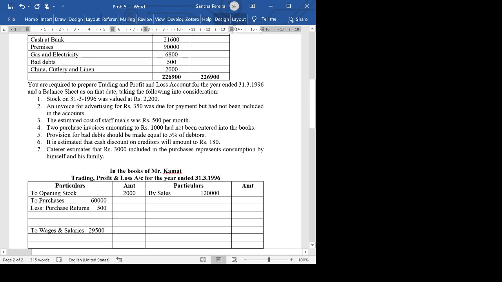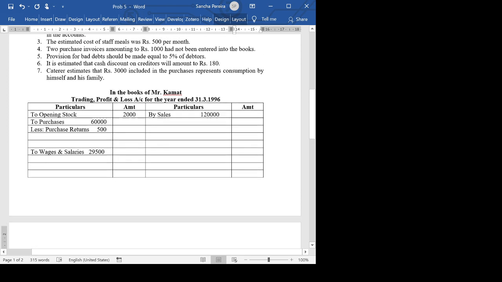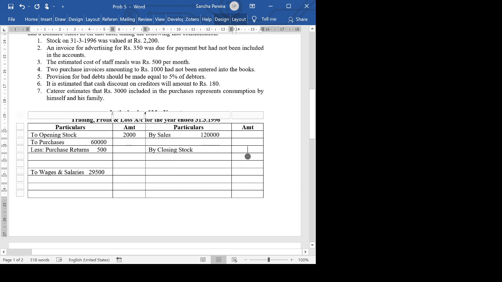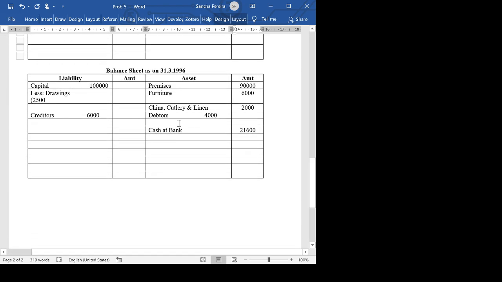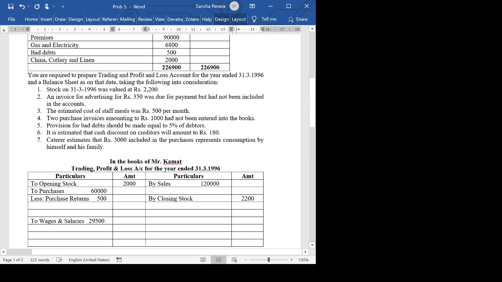Coming to the adjustments, stock on 31st March is 2,200. That's closing stock. There's an adjustment here, so I'll leave a line by closing stock 2,200. This also goes in the balance sheet. Then there is invoice for advertising, rupees 350 was due for payment but had not been included.